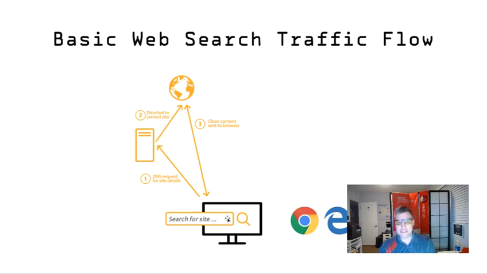And so basically, you're at your computer, you're typing CNN.com, and then from there, your computer sends a DNS request to a DNS server that says, hey, I need to go to CNN.com. And then that server will respond with an internet IP address, which will then be sent back to your computer.